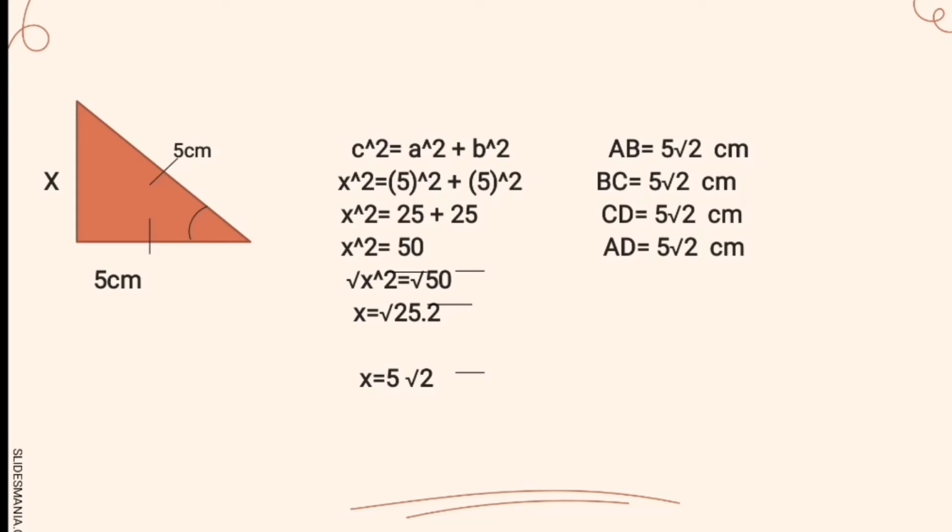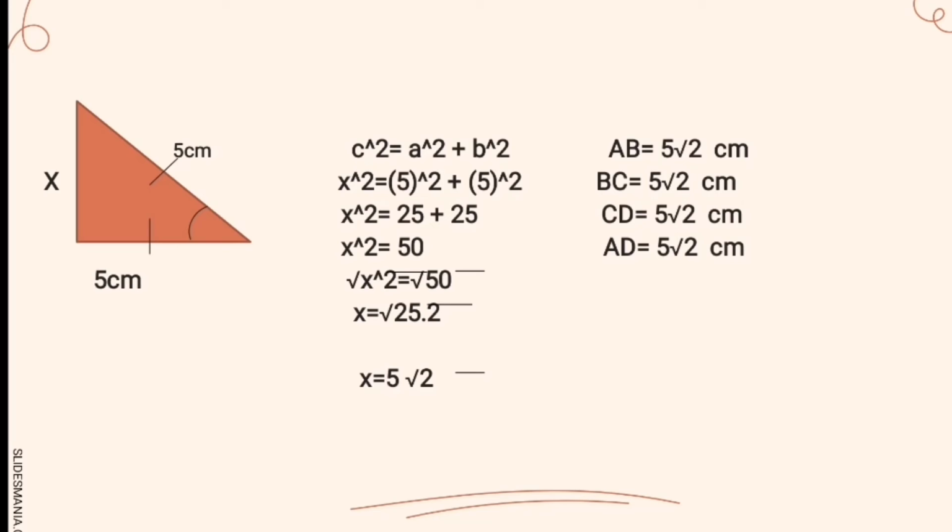So for a right triangle, we're going to use the Pythagorean theorem. We have c squared is equal to a squared plus b squared. So we have the given sides. Let's say x squared is equal to our given 5 squared plus 5 squared. So now we have x squared is equal to 25 plus 25.